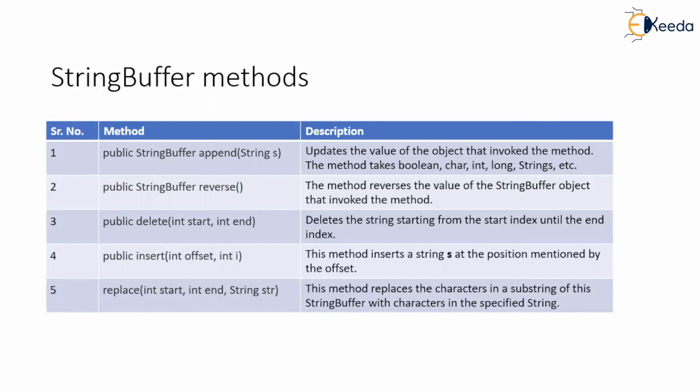So if you need to deal with strings and want to perform some operations on a string, and if it is in a multi-threaded environment, then StringBuffer is used, and if it is in a non-multi-threaded environment, StringBuilder will be useful. So this is how we can perform certain operations with immutable strings, where we can convert them in the form of either StringBuffer or StringBuilder and have mutability for our string objects. Thank you.